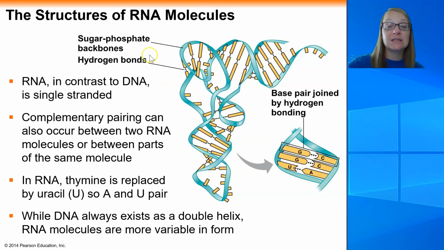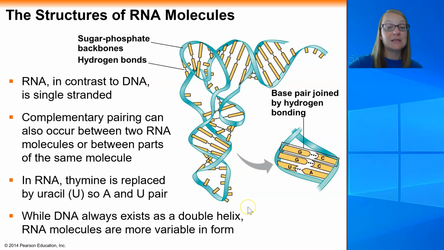And so this is an example of a special kind of RNA called a tRNA, and this is just one strand, one polynucleotide strand. It starts here, kind of loops around, goes down here, and then comes back. There's the other end. And you'll notice that there are certain places where the RNA flips back on itself, so it's anti-parallel to its own strand, and you can have some base pairing between parts of the same RNA molecule to kind of hold that folding, that structure of the RNA together.